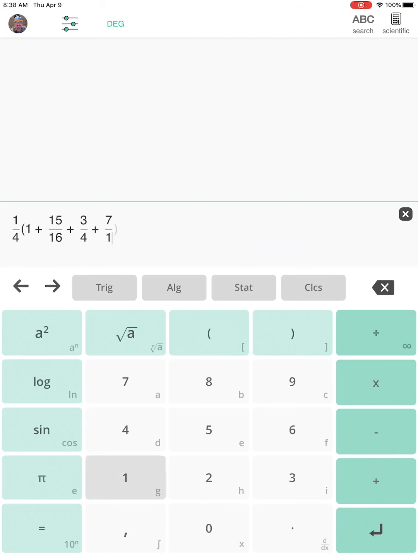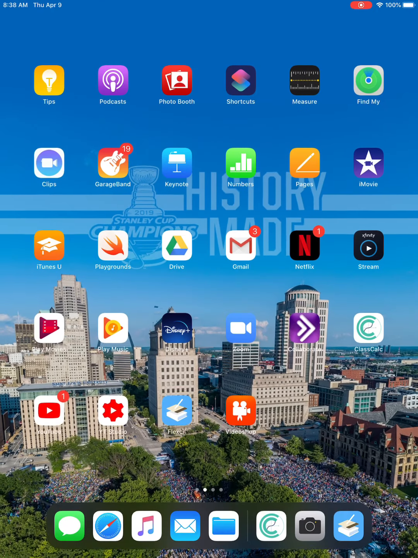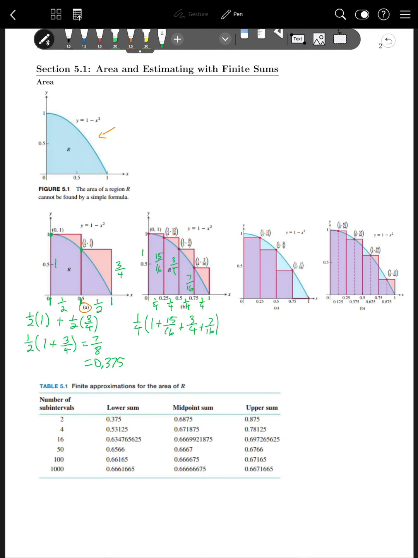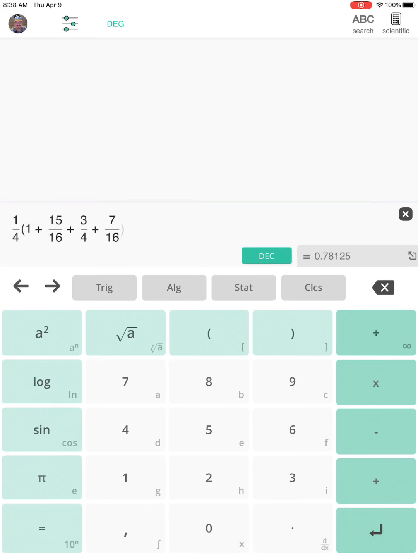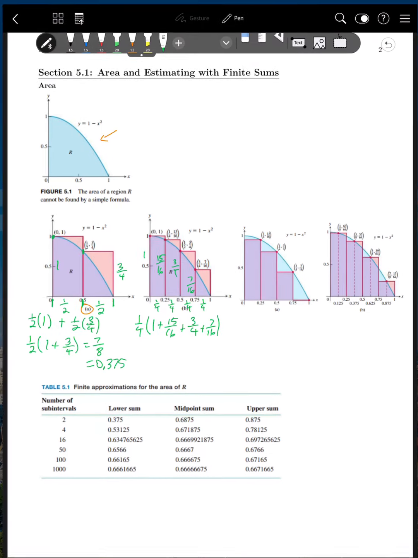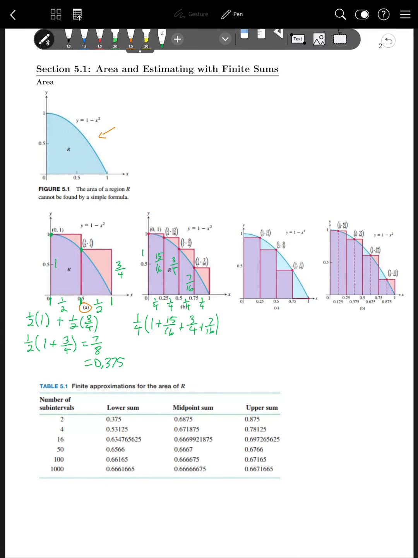That's 1 divided by 4 times 1 plus 15 divided by 16 plus 3 divided by 4 plus 7 divided by 16. And that's 0.78125.